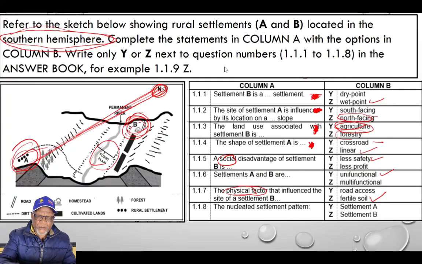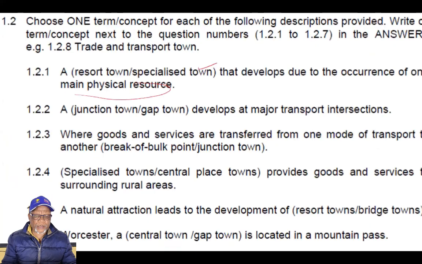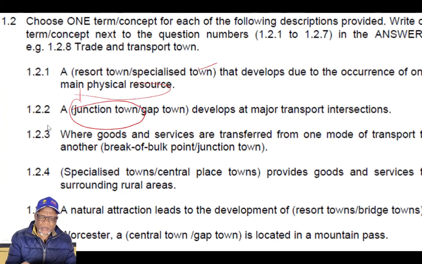Okay, let's quickly go back. Sorry about that. A junction or gap town develops at a major transport intersection. Major intersection, so that will be a junction town.